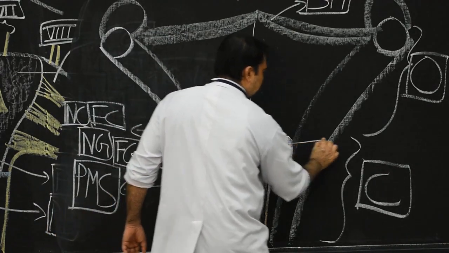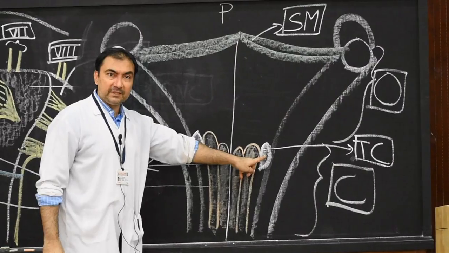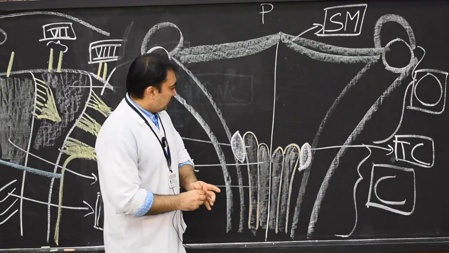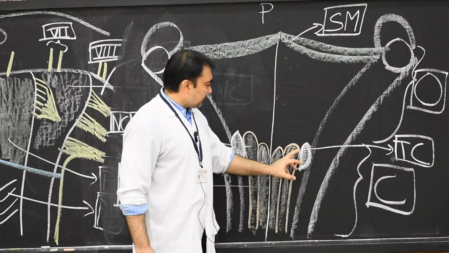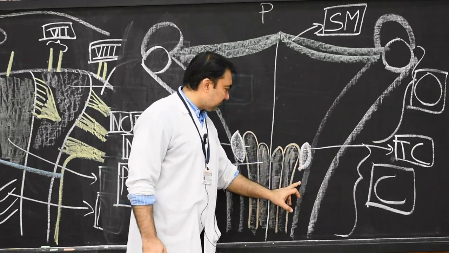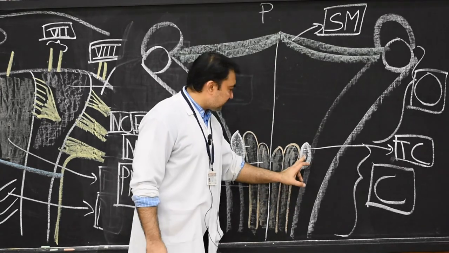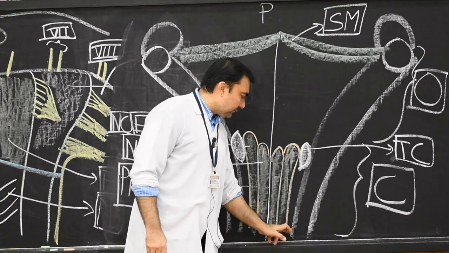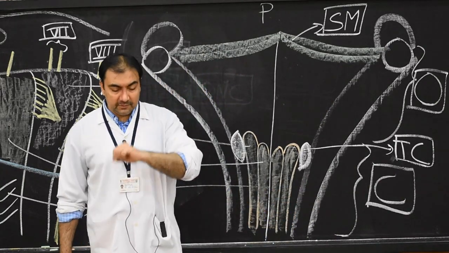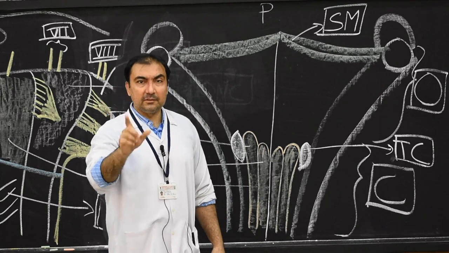First we will mark here tuberculum cinereum. This is the elevation lateral to fasciculus cuneatus, and beneath this tuberculum cinereum is the spinal nucleus and tract of the trigeminal nerve. And that spinal nucleus and tract of trigeminal nerve will continue.